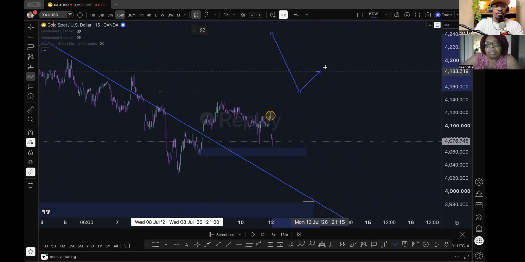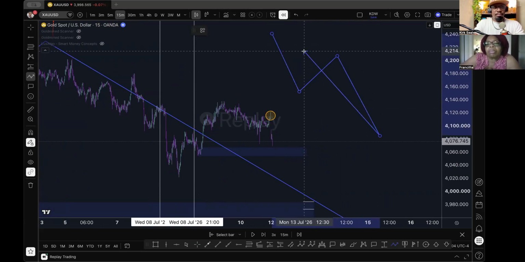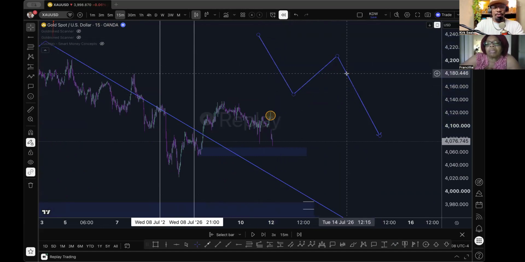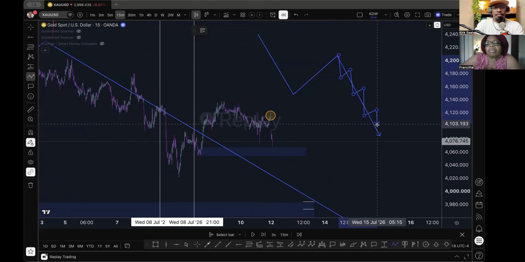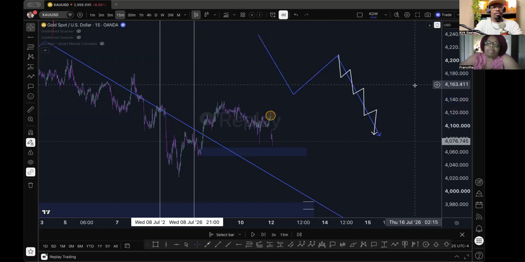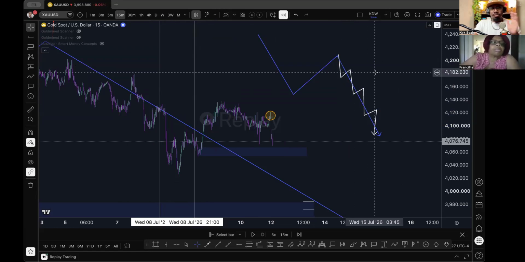Let me try it this way. This is the overall pattern on the 1 hour. On the 15 minute, this is actually happening on the 15 minute. All right, so I would have given you that long straight line, but it's actually going zigzaggy as it's going down, right?